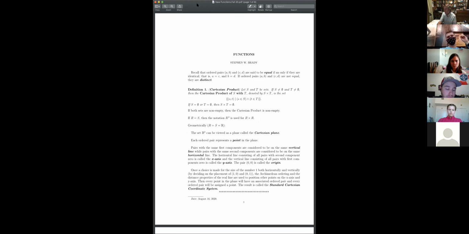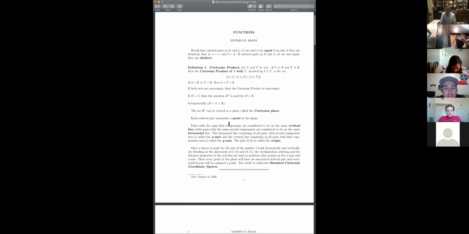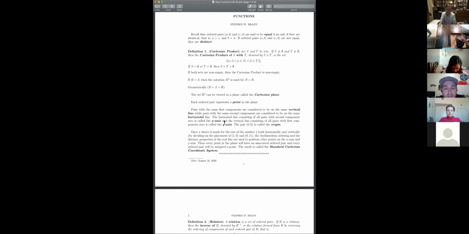So in this set of notes, I start out by rewriting what a Cartesian product is. And I do a little bit extra stuff, namely, if we have the empty set as one of the things, so I can't make any pairs, then the Cartesian product is the empty set, okay? R2 is called the plane.